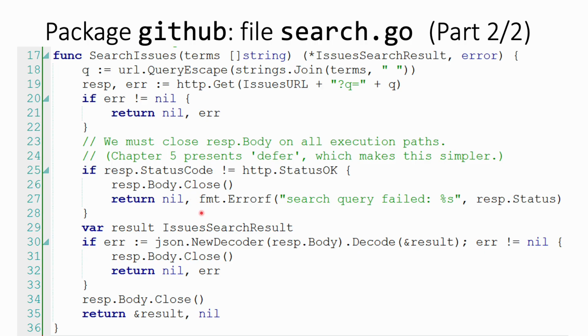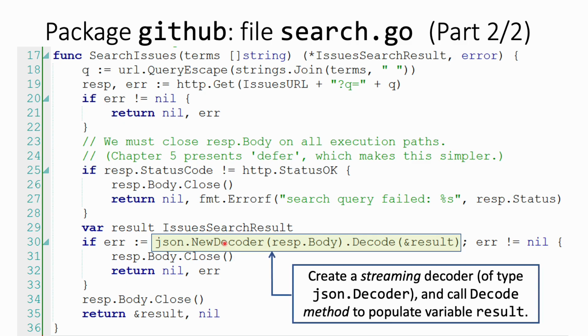If the response status is OK, we create a streaming decoder using function NewDecoder in the encoding/json package. The streaming decoder is of type Decoder, also defined in the encoding/json package. Then we call the Decode method of the streaming decoder to populate variable result, which is declared to be of the IssuesSearchResult struct.